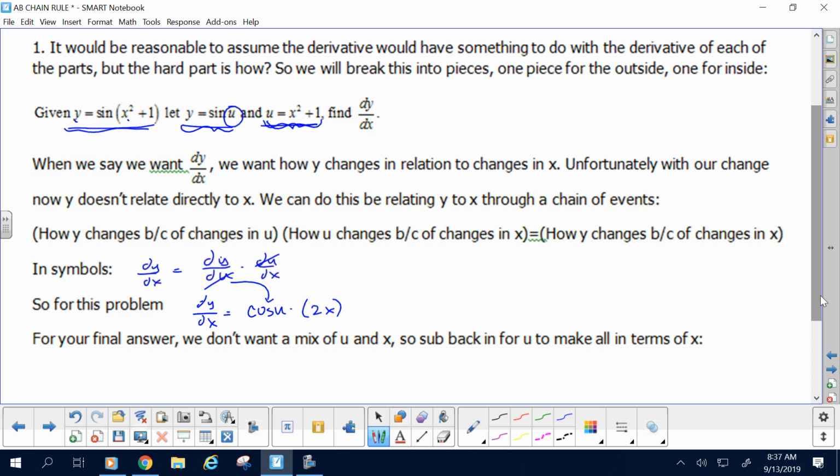Instead, you go back and substitute back in for u, so it's all in terms of x. Instead of cosine u, you replace u back with what we said it was, which was x squared plus 1. Now that is the derivative of sine of x squared plus 1.